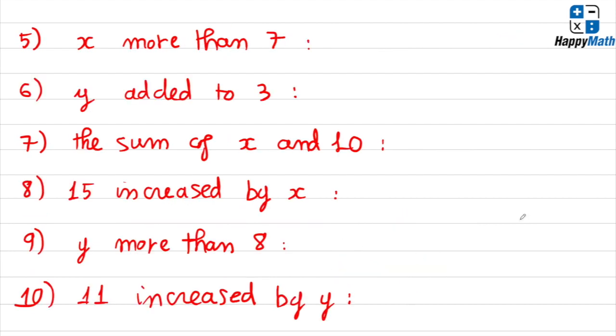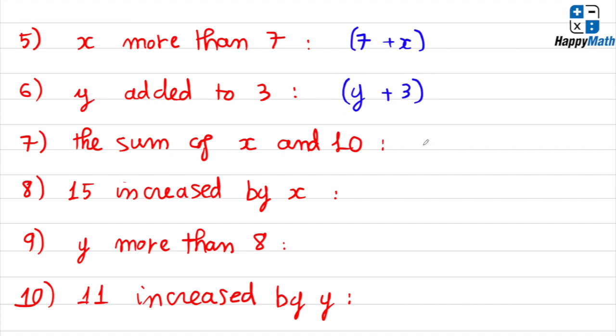The next exercise: 8 more than 7. It means the main number is 7 and another number is more than 7 by 8 units. Added to x, like this. Okay, y added to 3. Yeah, very easy. The main number is y added to 3.